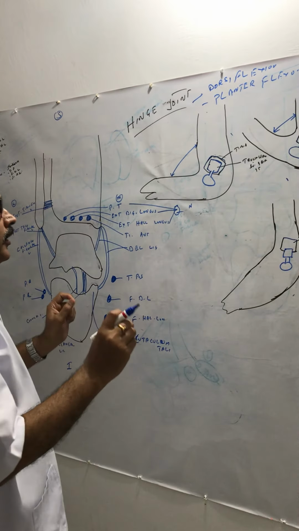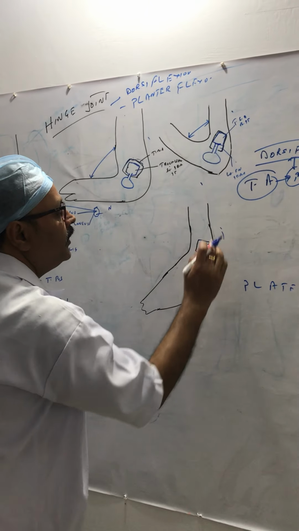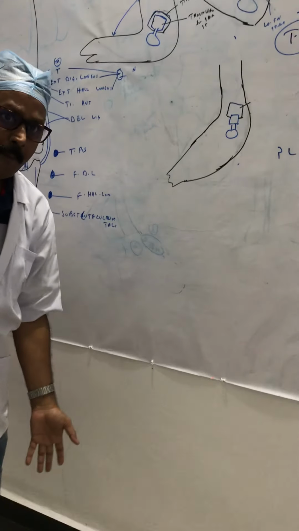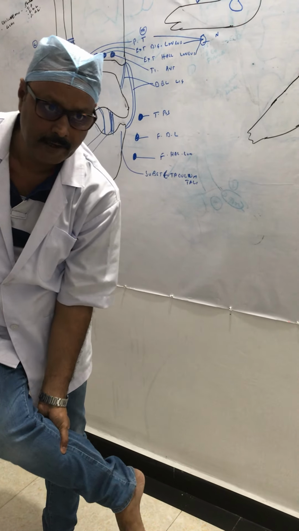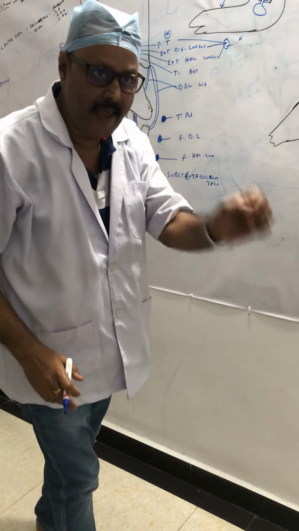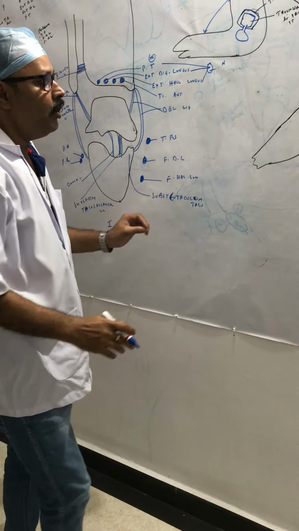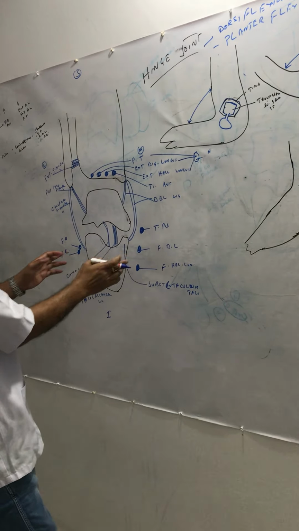Now we talk about plantar flexion. The bulk of the leg on the back, the calf, is produced by the gastrocnemius and the soleus. We haven't mentioned these in the relations.